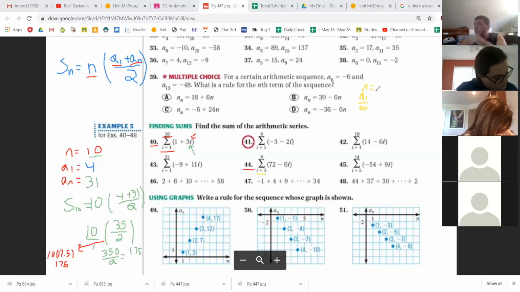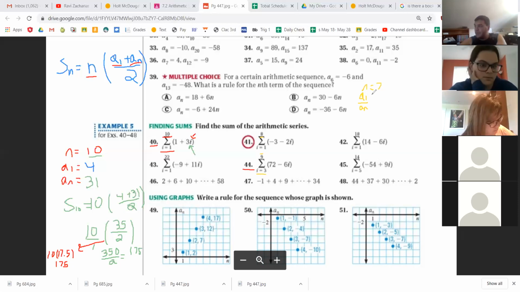Now, n is supposed to be the distance between the beginning and the end. When it's 1 through 10, it's 10. When it's 1 through 8, it's 8. But since it's 3 to 9, we have to count up 3, 4, 5, 6, 7, 8, 9. So it's 7. So n in this case is 7. When you have a different starting point, you have to keep that in mind.